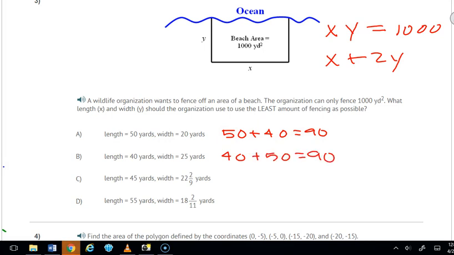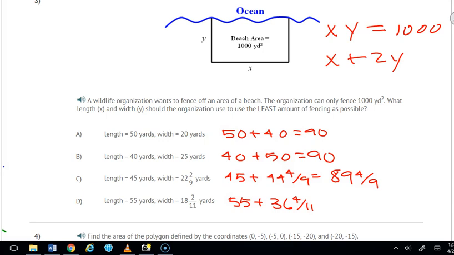Then we're going to do 45 plus 2 times 22 and 2/9 would be 44 and 4/9. So that's going to be 89 and 4/9. And then our last one is going to be 55 plus 36. That's 2 times 18 is 36, and 2 times 2/11 is 4/11. So this one is going to be 91 and 4/11.